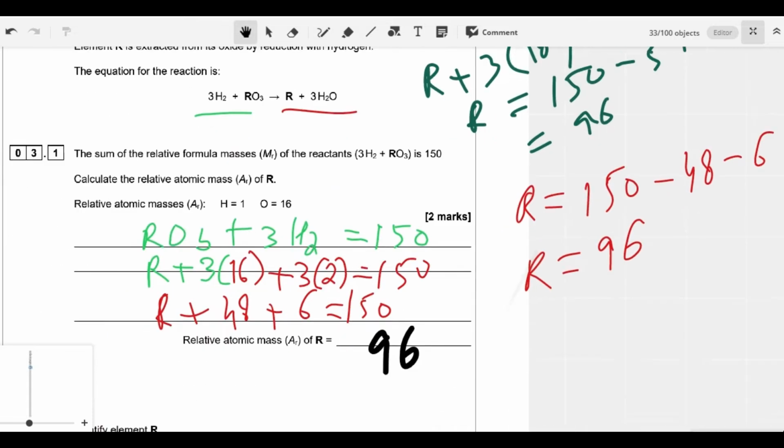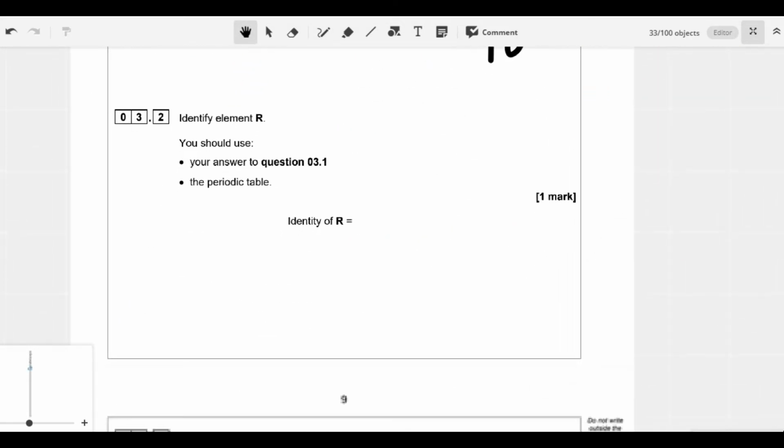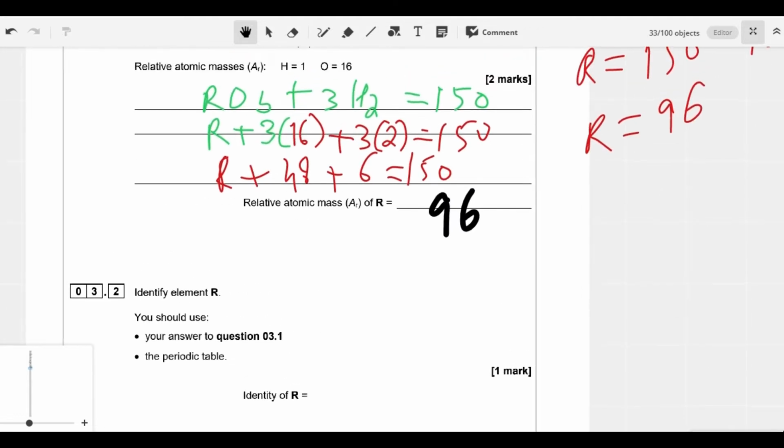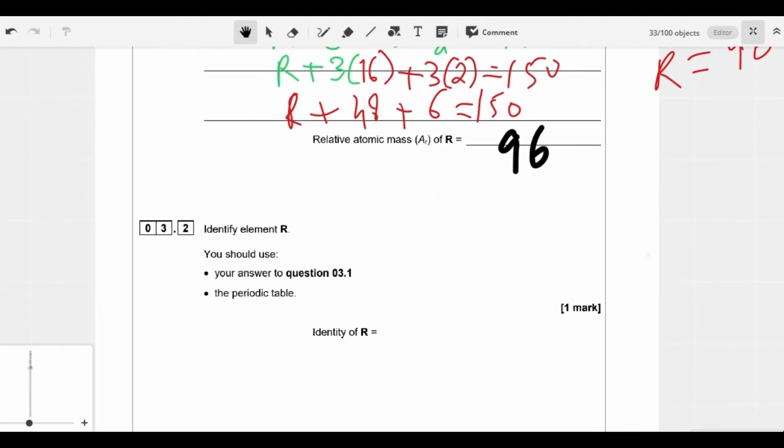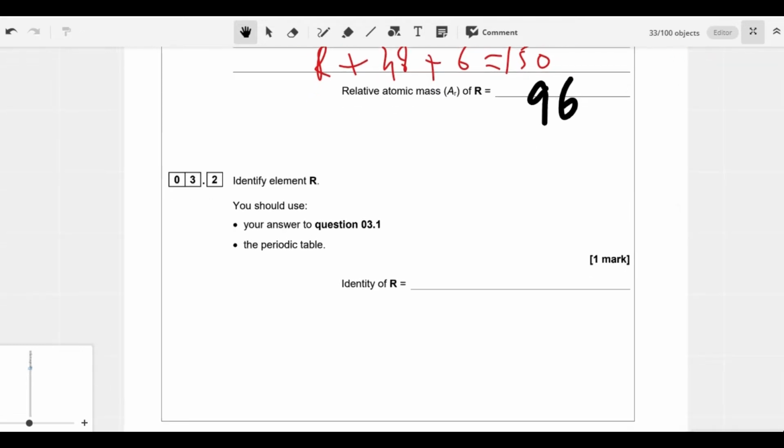Okay, both ways are correct. Next is identify the element R. So you should use your answer to question 3.1 and the periodic table. You know the relative atomic mass is 96, and that will be molybdenum, or Mo.